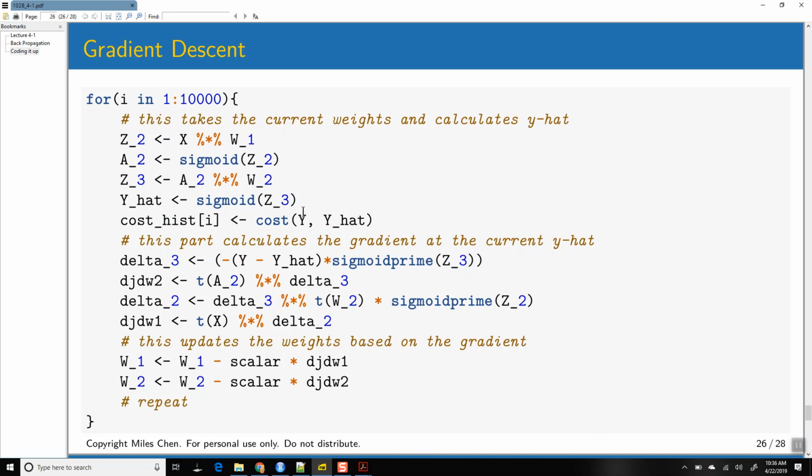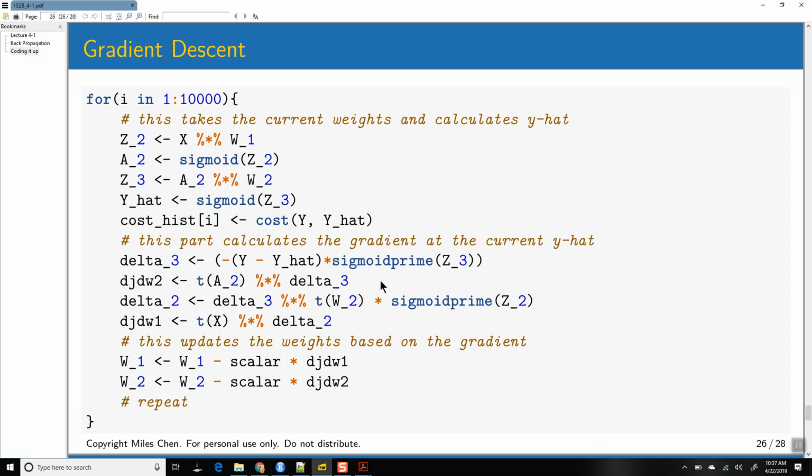We need to do that in order to calculate the value of our current cost function, which technically is not required for gradient descent. For gradient descent, you don't actually need to keep track of the cost function, but I wanted to. So I calculate the cost between Y and Y hat, and I store this in my cost history vector, just so I can keep track of how the cost function is performing. And these are basically the 4 lines of code that calculate the gradient.